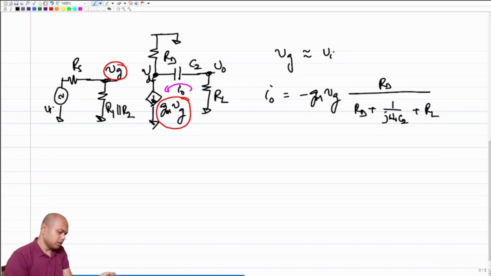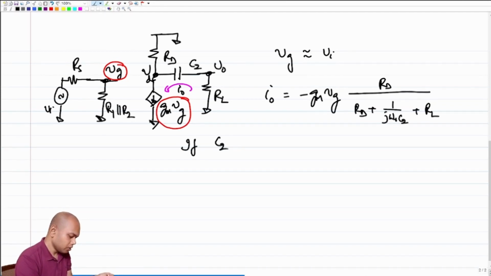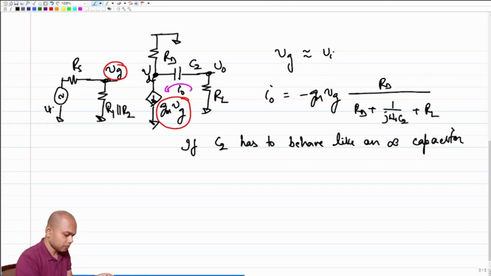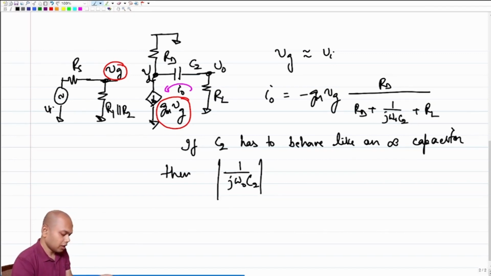Okay. So now from here, what constraint on C2 do we get? Clearly we see that if C2 has to behave like an infinite capacitor, then the magnitude of 1 over j omega naught C2 has to be much less than RD plus RL, right?